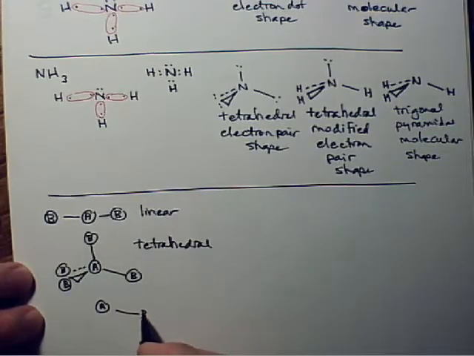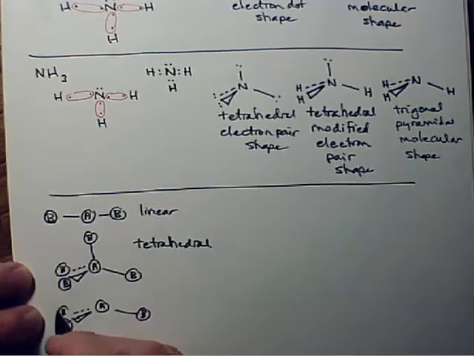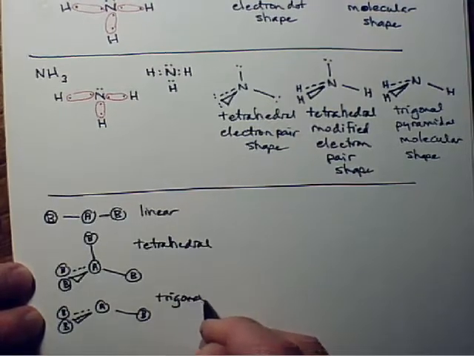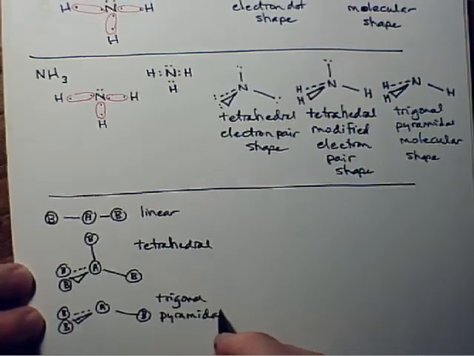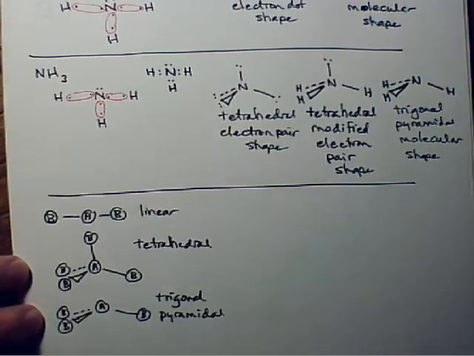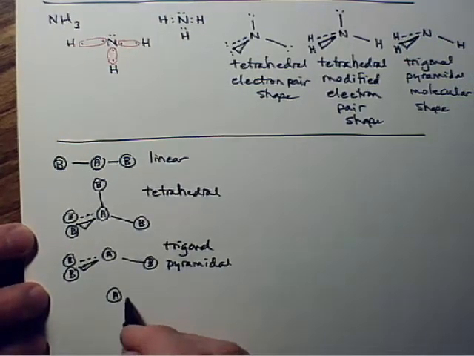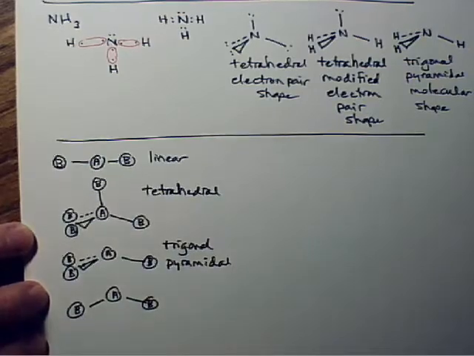If we have this shape, I'm making this one trigonal pyramidal. Let's see here. If we had bent, then it is this.